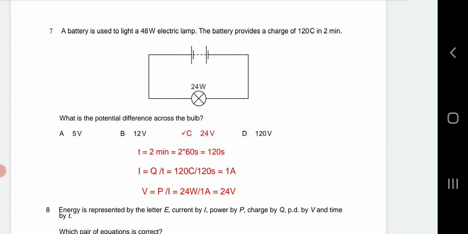Time is 2 minutes, which is 2 multiplied by 60 seconds, so 120 seconds. The current is Q by T, 120 coulomb divided by 120 seconds, which is 1 ampere. The potential difference is power divided by current, 24 watt divided by 1 ampere, so the potential difference is 24 volt. Option C.